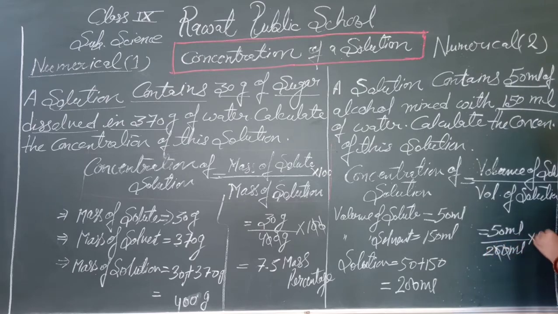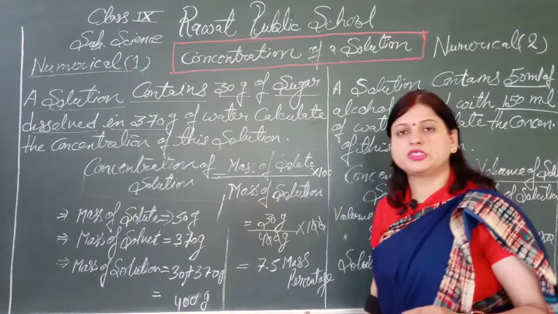So the zeros cancel. 50 divided by 2 gives 25. This is the volume percentage. What is the volume percentage?